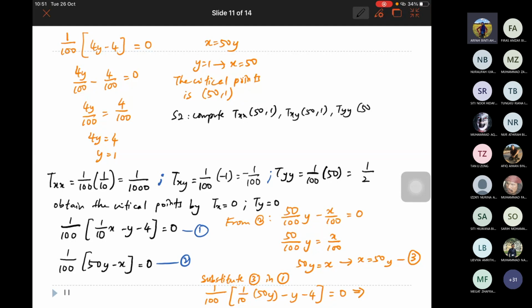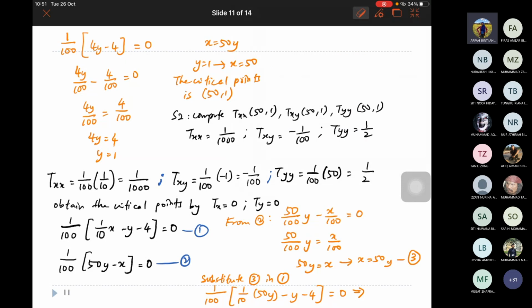Okay, 51. So TXX awak 1/1000. Tak payah masukkan, gantikan. Dan TXY pun sama. TYY berapa? TX tak payah gantikan sebab semuanya dapat satu nilai fix. So TXX, TXY sama dengan -1/100, TYY sama dengan 1/2.